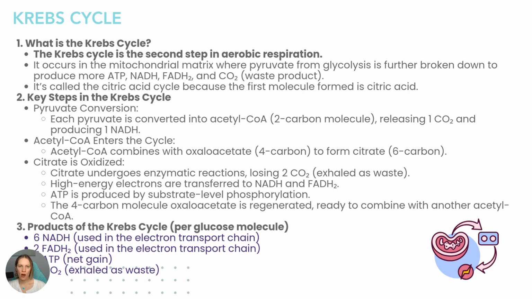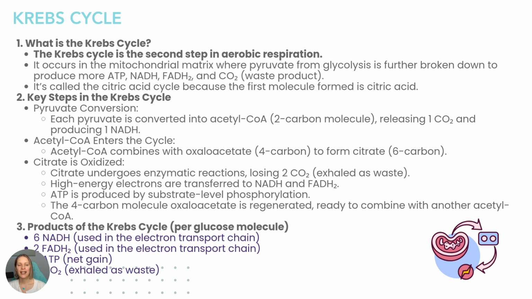In the first part, the pyruvate conversion, there's a two carbon molecule. And then you have the four carbon after that to the six carbon. And then you have where the citrate undergoes enzymatic reactions, losing waste products, so 2 CO2.